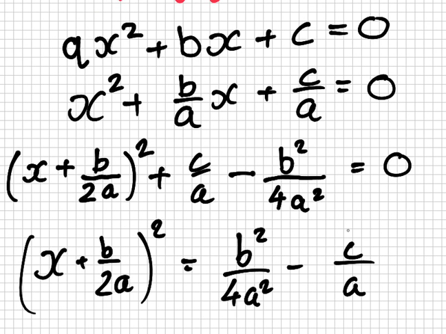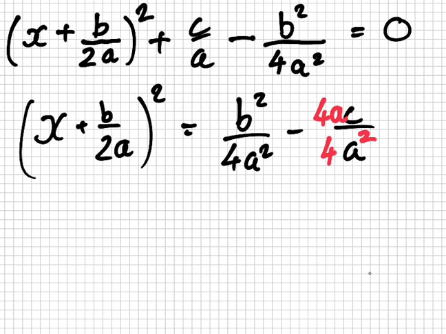Now if you look at that, you'll realize that this here and this here, they're almost the same. So what I'll do to make them the same is I'll multiply the top by 4a and I'll multiply the bottom by 4a, making 4a squared. Now that the denominators are the same, I can bring them together.